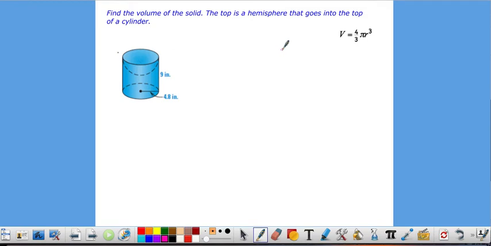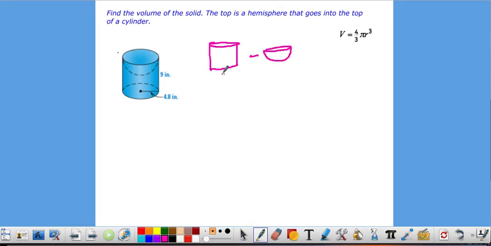If we're asked to find the volume of this solid, it says the top is a hemisphere, which is a half of a sphere, that goes into the top of a cylinder. So it's like a bowl going in there, like a bird bath or something. Our plan here is we're going to take a cylinder minus half of a sphere.